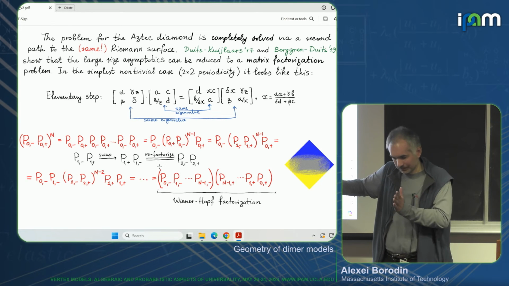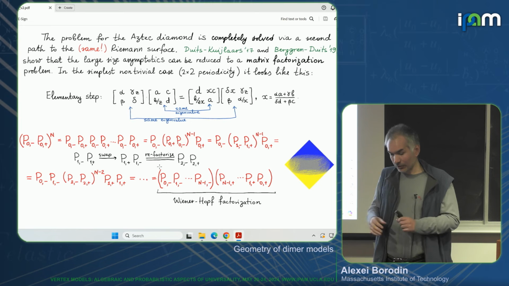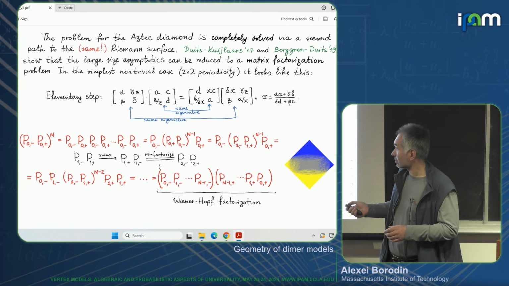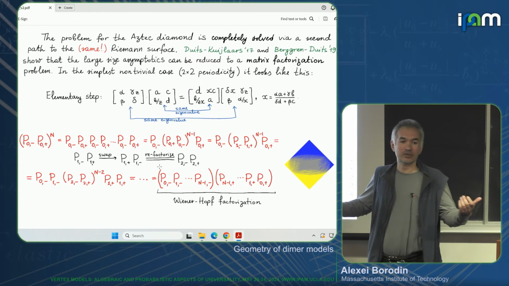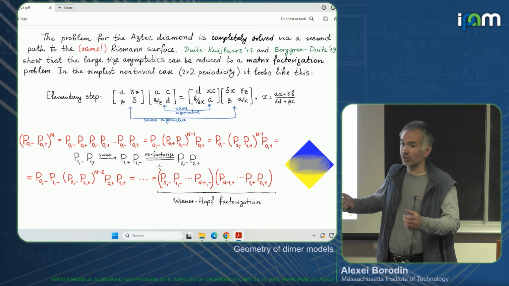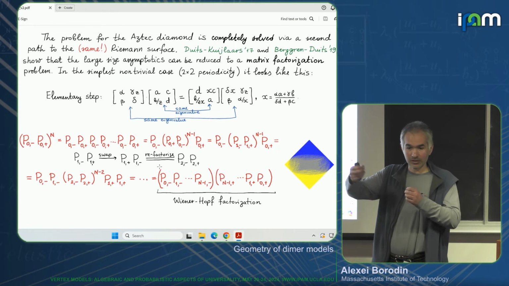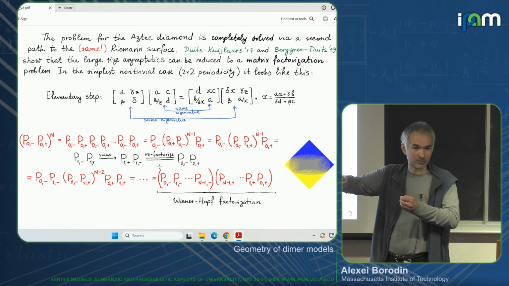Okay, just repeat them. And so then what one needs to do is one wants to move all z's to one side and all 1 over z's to the other side. So these factors will have zeros in z in different regions of the complex plane, inside the circle and outside the circle.